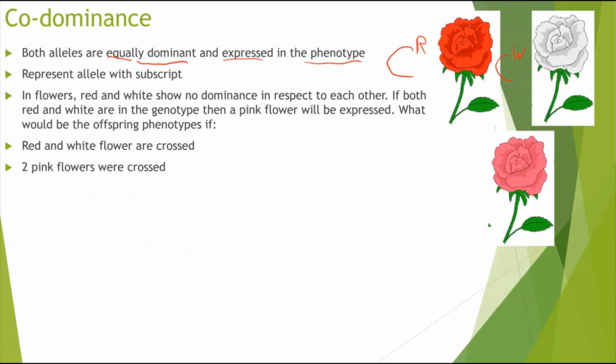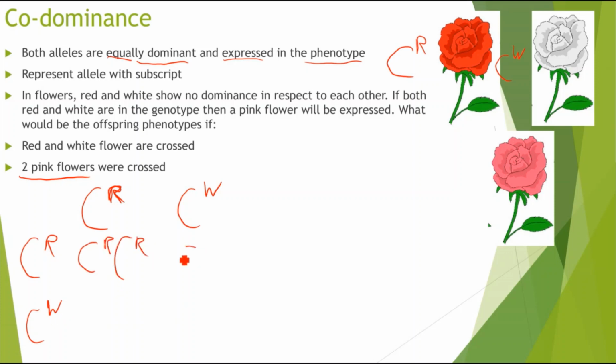So then, if I was crossing two pink flowers, I know for pink flowers it would have to be CR, and my other gamete would be CW. Because there are two of them, we will be repeating that. So now we just simply cross them. So I would end up having CR, CR, and then CR, CW, then CR, CW again, and CW, CW.